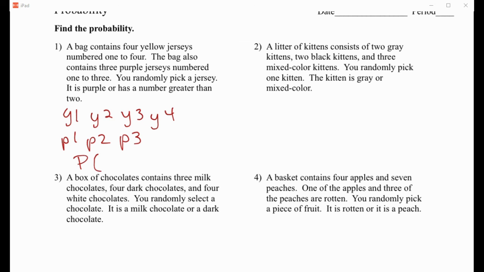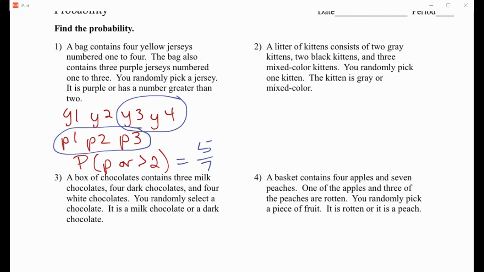So I'm going to circle all the purple jerseys and then any other jerseys that are also bigger than 2. So that would be, sorry, 5 out of 7, which is 0.71.